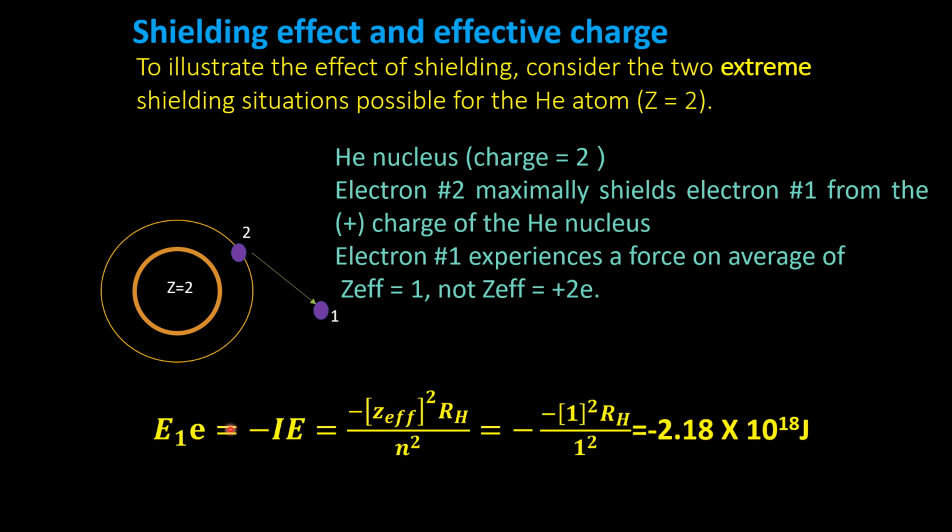So what will be the binding energy of electron 1 here? As we know, the binding energy of electron 1 will be equal to the minus ionization energy, which is equal to minus Z effective squared times the Rydberg constant over n squared. When we plug in the numbers, with Z effective equal to 1 over 1 squared times the Rydberg constant, it is just equal to the negative of the Rydberg constant, minus 2.18 times 10 to the power of minus 18 joule.